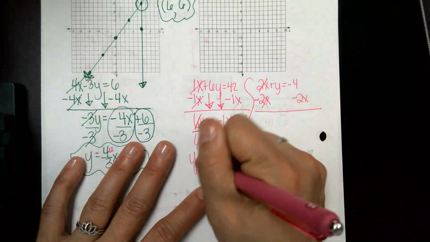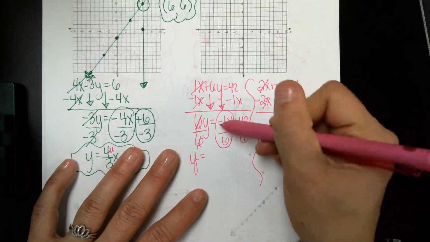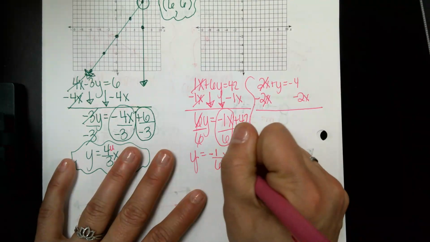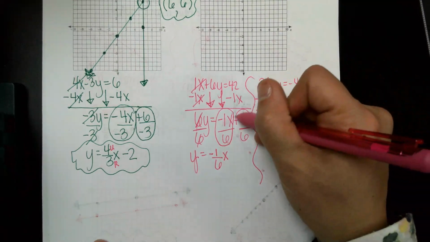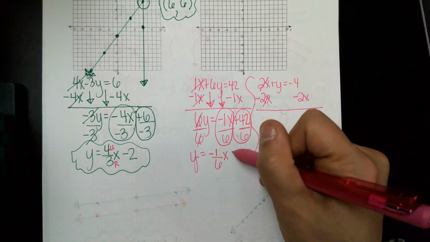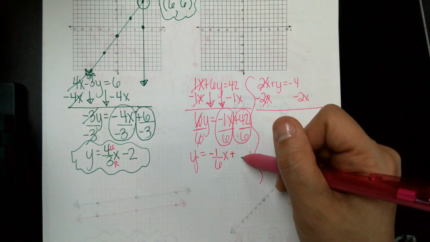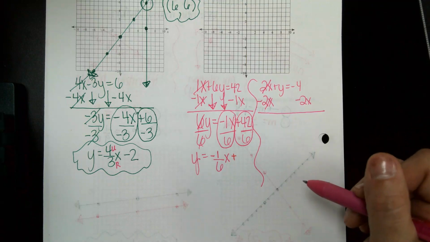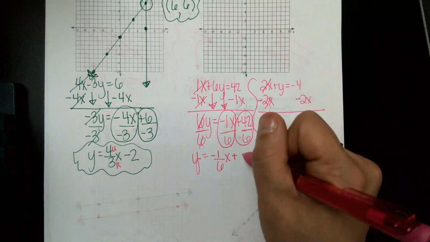So we get y equals, now when you go to do your slope, if you only see one negative sign, it's going to remain negative. So negative 1/6 x. And then what's 42 divided by 6? Seven.